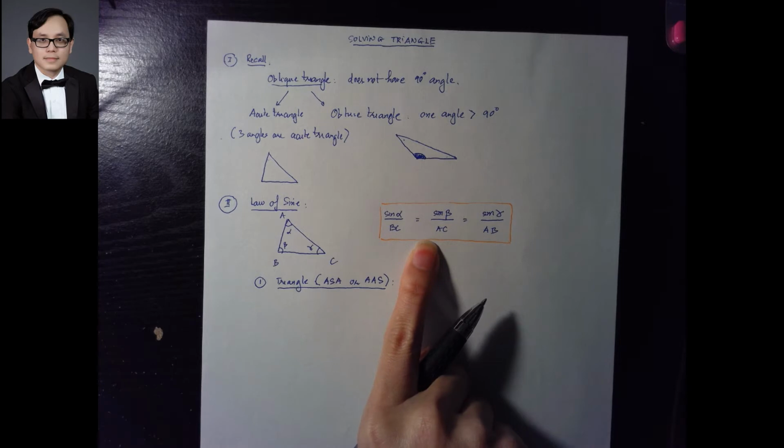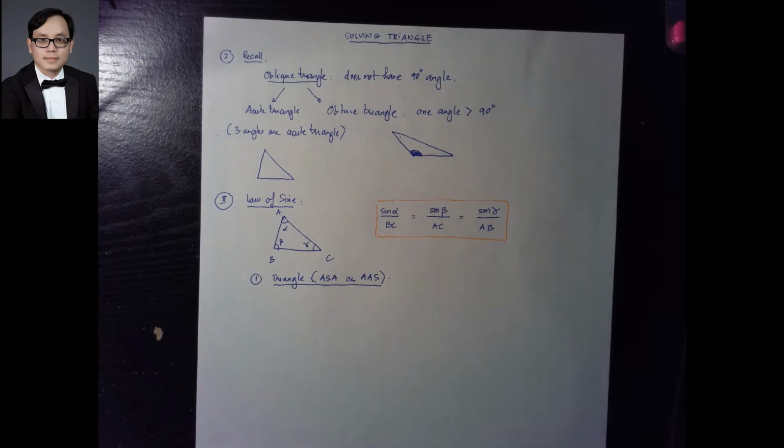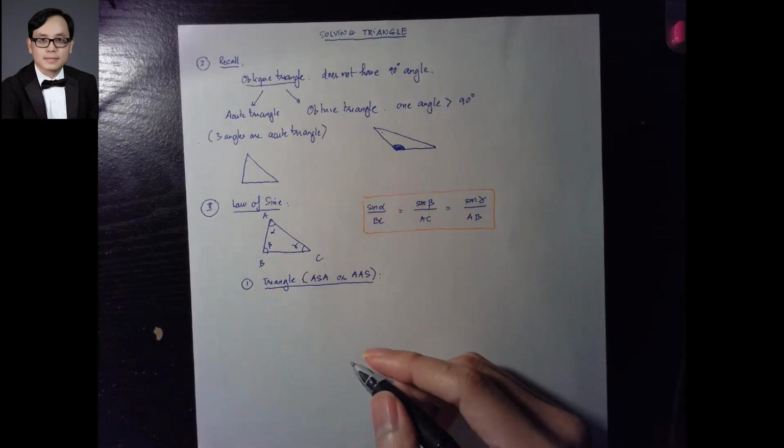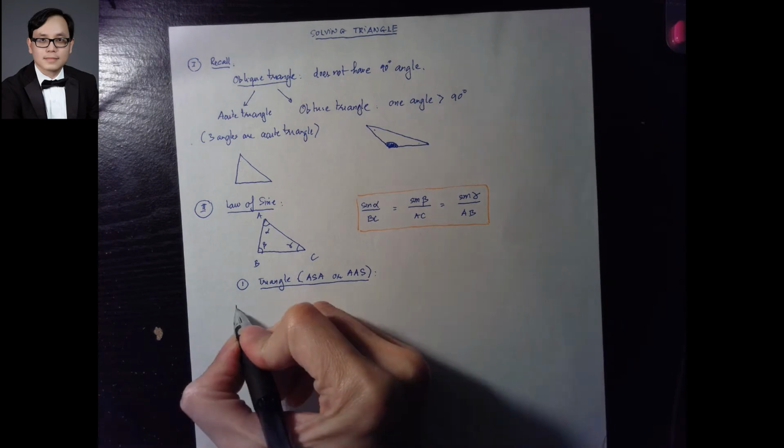For example, I give you something like this, and I want you to solve the triangle for me. How about like this? Example.